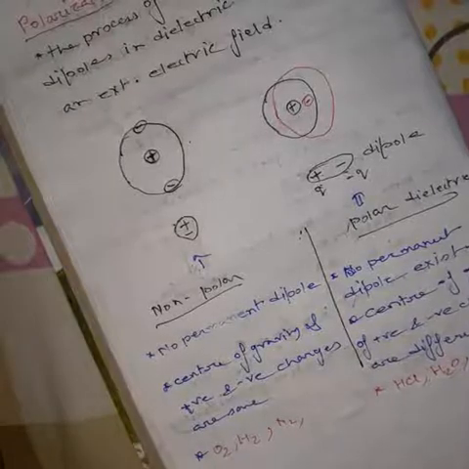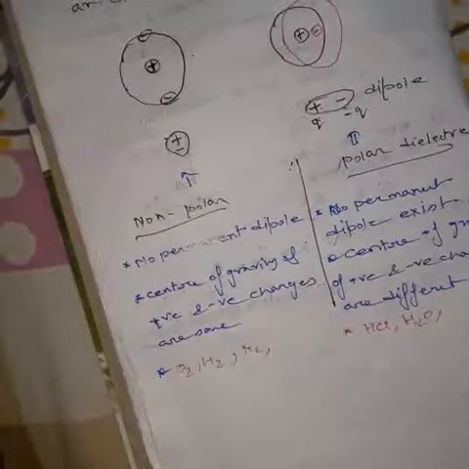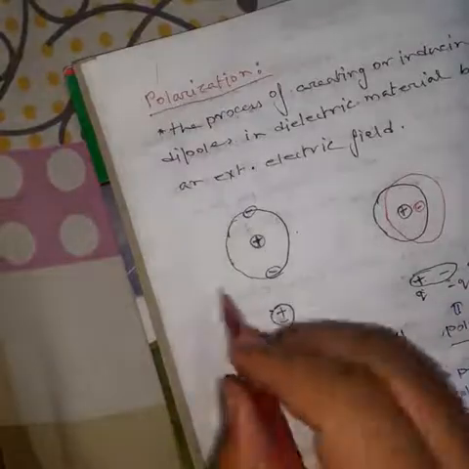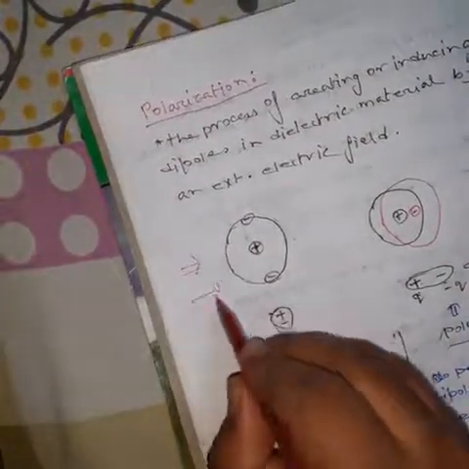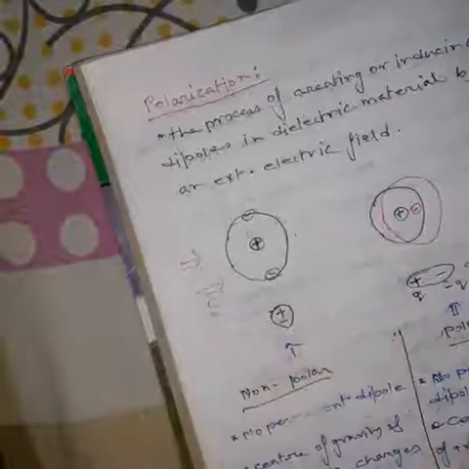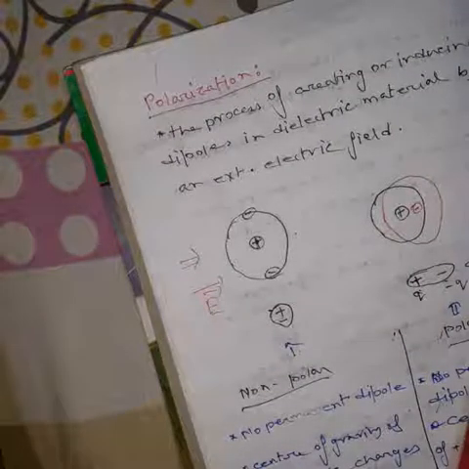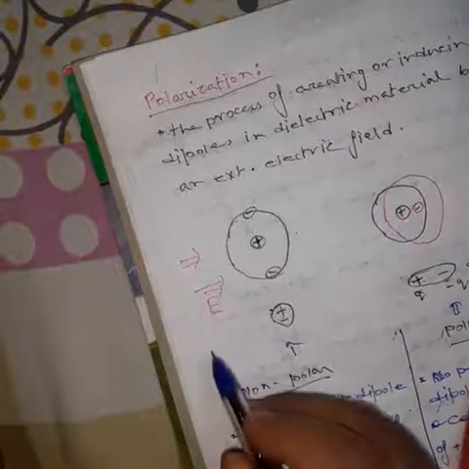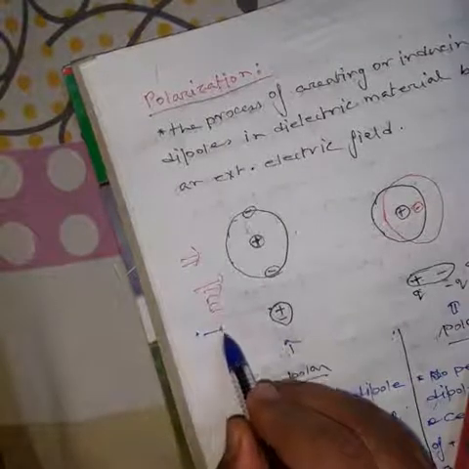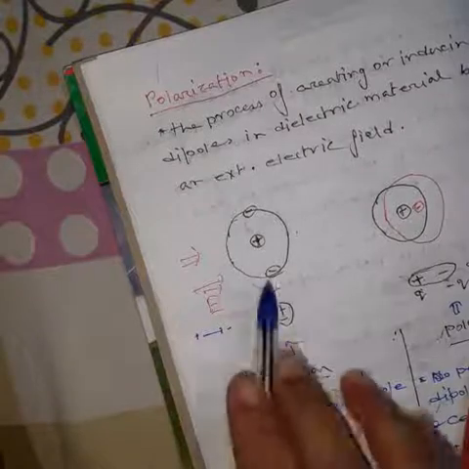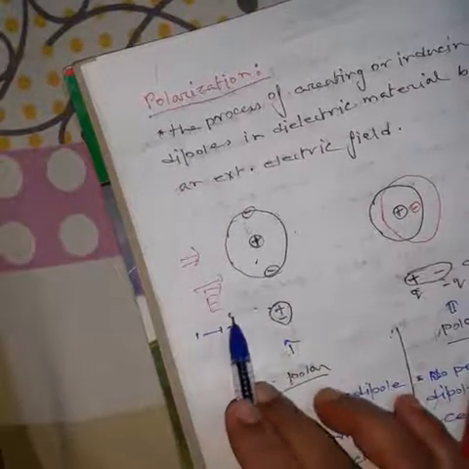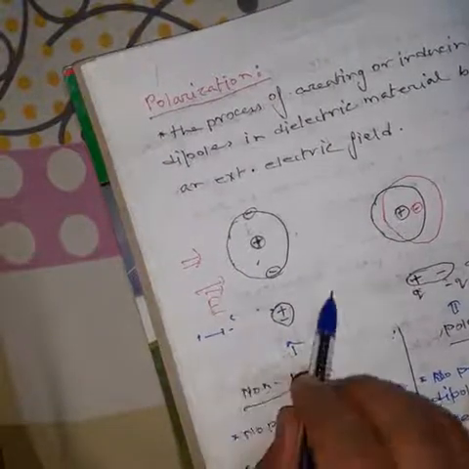Now what happens if we apply an electric field to that? If I apply an electric field in this direction, we know the electric field starts from positive and goes towards negative. So positive charges will move in this direction and negative charges will move toward the other direction.